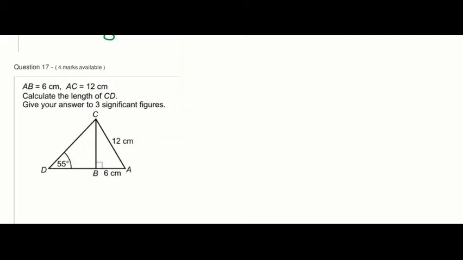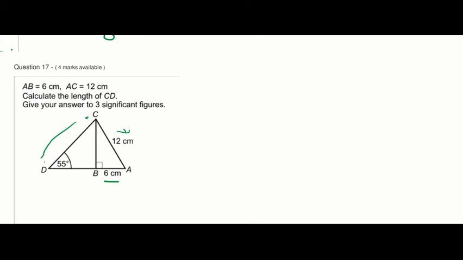So here we have question 17. Question 17 tells us that the line AB is 6 centimetres, AC is 12 centimetres. Calculate CD. So it wants us to calculate this line here, CD, and it asks us to give our answer to 3 significant figures.